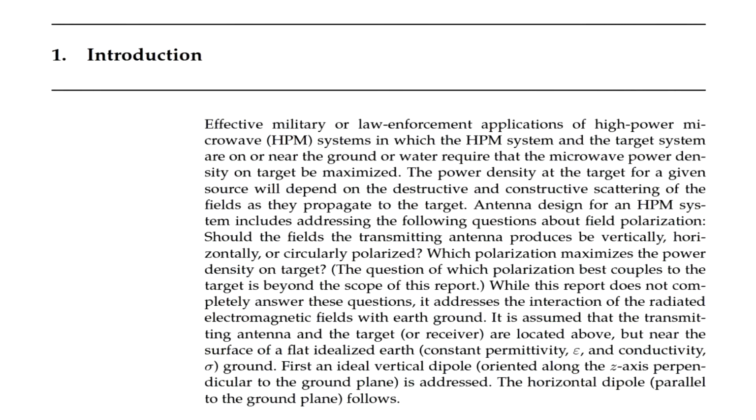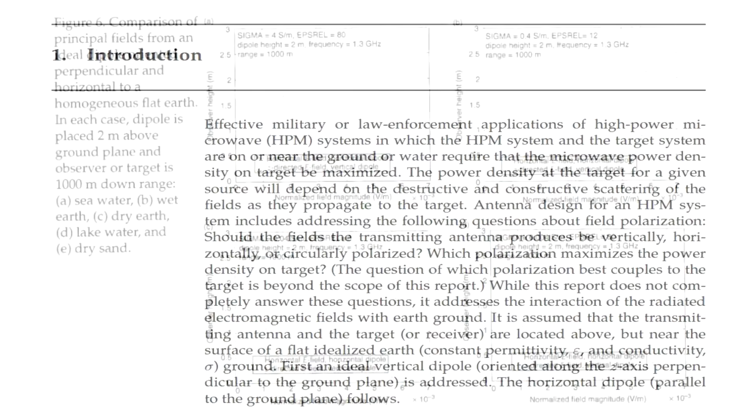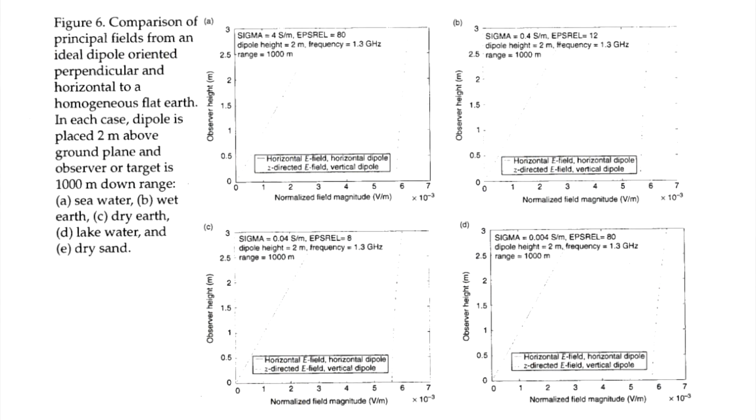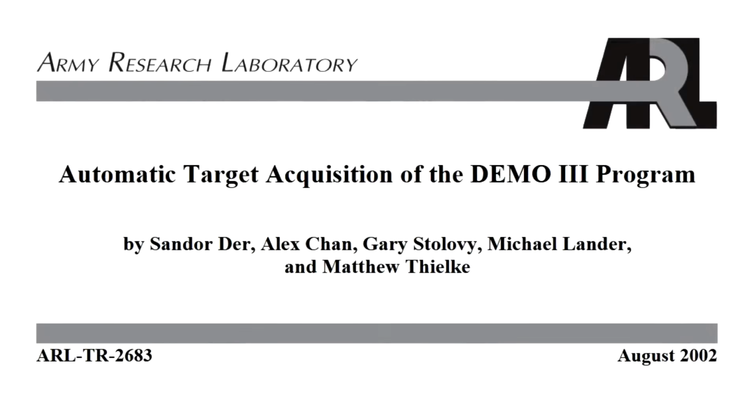Page 7 says, "It is assumed that the transmitting antenna and the target are located above but near the surface of a flat, idealized Earth ground." Tests were done over various ranges and compared principal fields from an ideal dipole oriented perpendicular and horizontal to a homogeneous flat Earth, and concluded that, "from the simple, smooth, flat ground model, the vertical polarization delivered the most energy to the target."